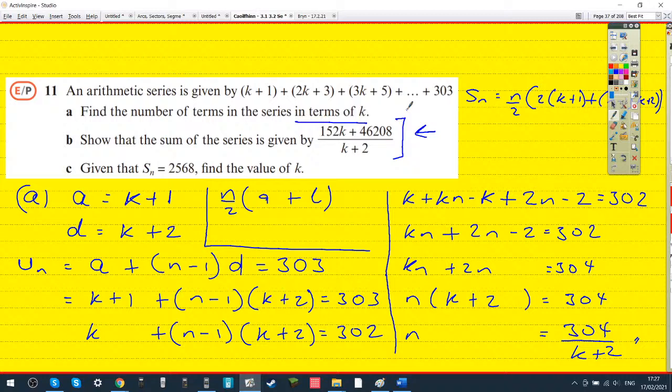How would you do part C? So the equation from part B is equal to 2,568. Yeah, and then you just solve it. You think you're okay for that?